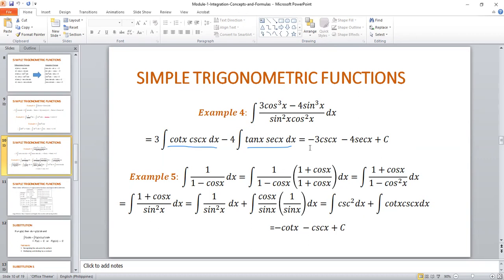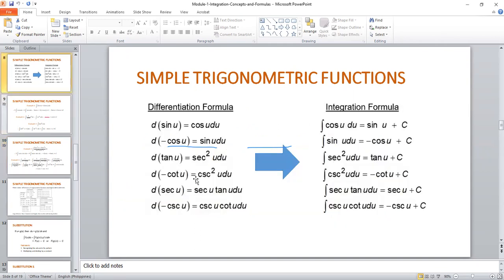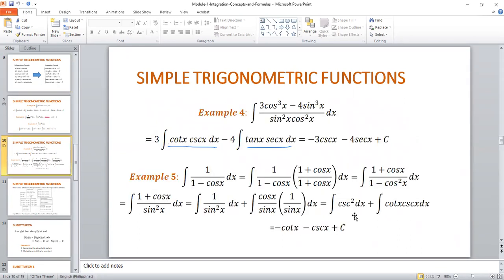Now, with this, just like what you have done here, you distribute the sine squared x as a denominator to your 1 and your cosine x in the numerator. 1 and cosine x. Now, this one, the 1 over sine squared x is cosecant squared x, which has an integral which is negative cotangent x. It's here. Okay? So that's it.